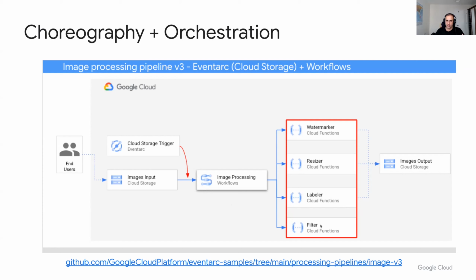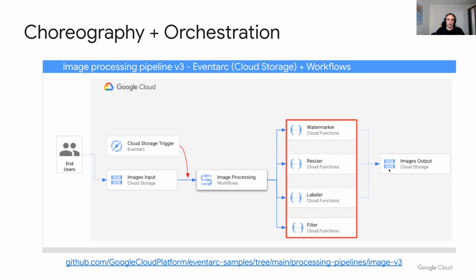There's a filter function to check whether it's a safe image or not. There's a labeler function that extracts the labels from the image using machine learning. There's a resizer that resizes the image, and there's a watermarker that takes the resized image and the labels and creates a new image with the resized image and labels on top and saves it to the output bucket.